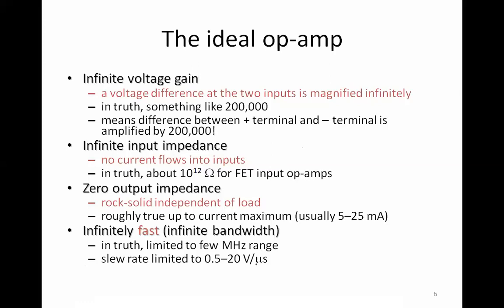If a question is asked, what are the properties of an ideal op amp, you can list out these. I've made it as simple as possible. Of course, there are many other properties as well, but the main differentiating points are these.